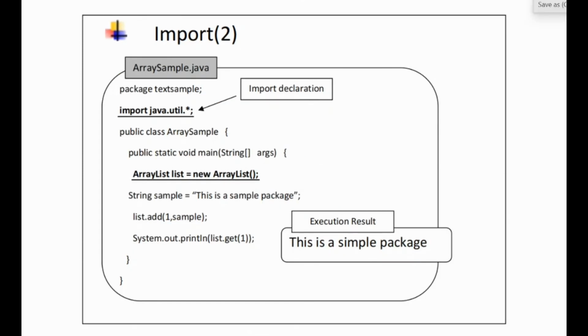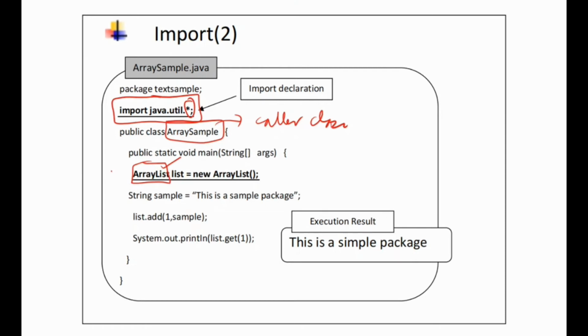So here we have an example of a caller class. This is the caller class ArraySample, and it calls or accesses the Java class ArrayList. Now in this case, we are no longer using the fully qualified name of ArrayList, unlike before, because we already have an import statement on top. So we say import java.util.*.